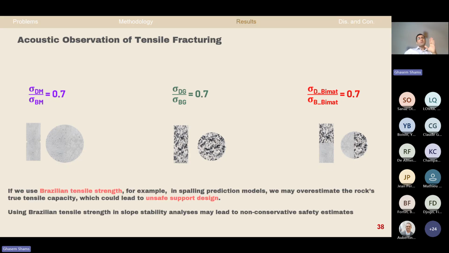If we use the Brazilian tensile test, for example, in spalling prediction models, because spalling is a pure tensile fracturing mode, we may overestimate the rock's true tensile capacity, which could lead to unsafe support design. This unsafe design could happen for slope stability also when we use the tensile strength obtained from the Brazilian test directly in the model.